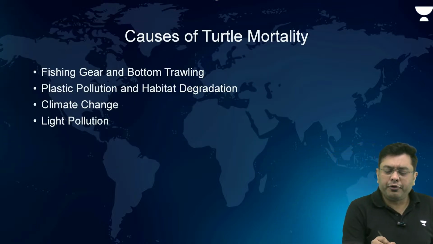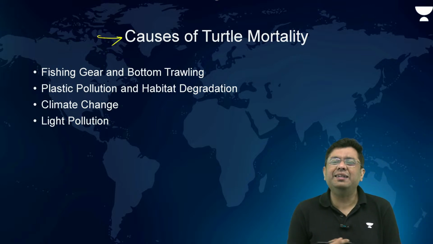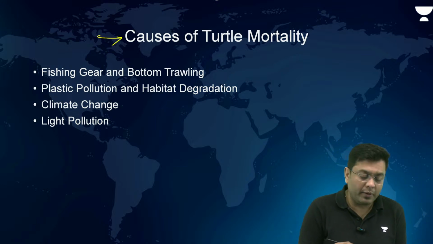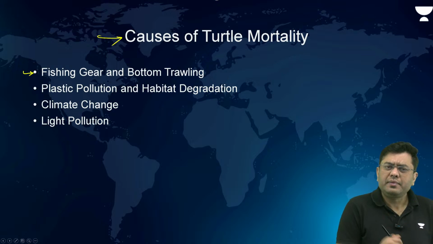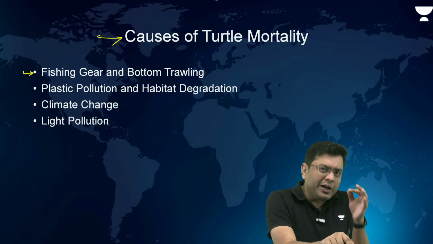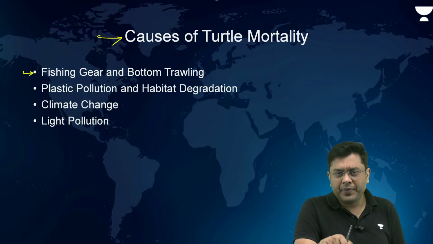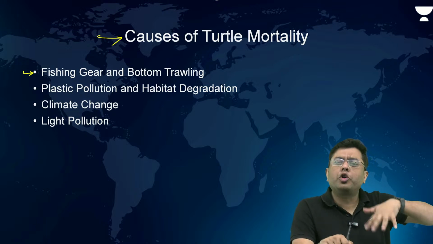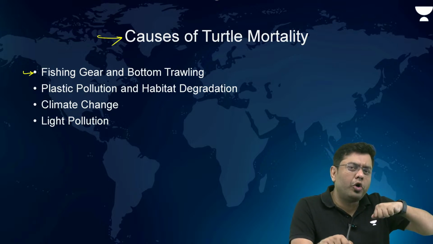Now, causes for the mortality of the turtles. Why are they dying in such large numbers? First of all, the fishing gear and the bottom trawling practices, unsustainable fishing practices, particularly across the Tamil Nadu coastline. Now, across the Tamil Nadu coastline, bottom trawling is practiced. What is bottom trawling?